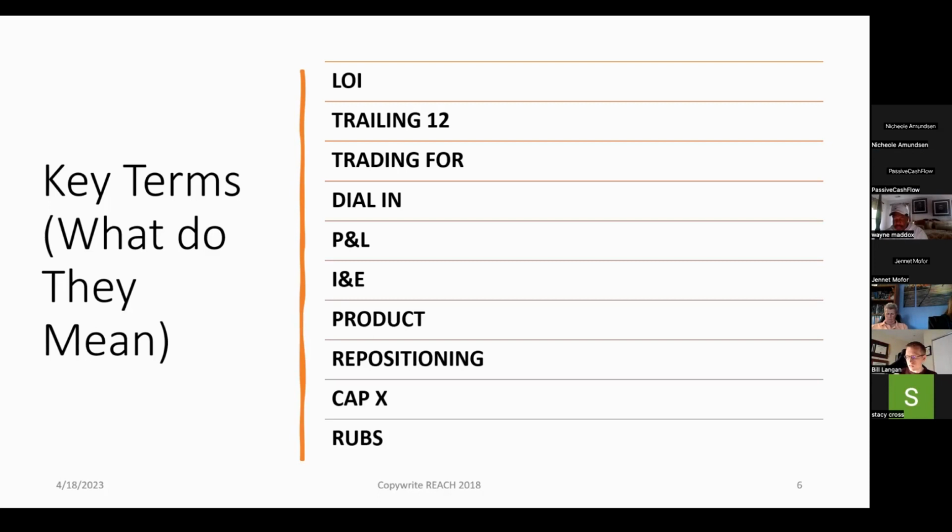So if I was looking to buy something now in the middle of April, then I would expect to see the income and expense statements for March, February, January, December, and on back for 12 months. So it is not a year, it's 12 months. It's the most recent 12 months of what the property's been doing.